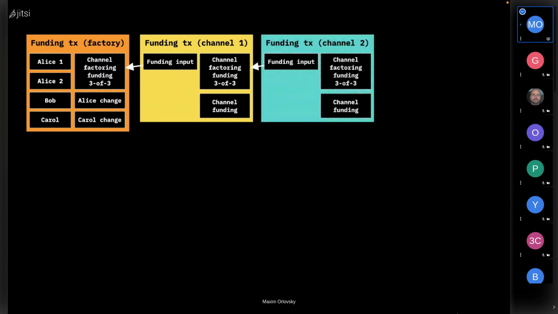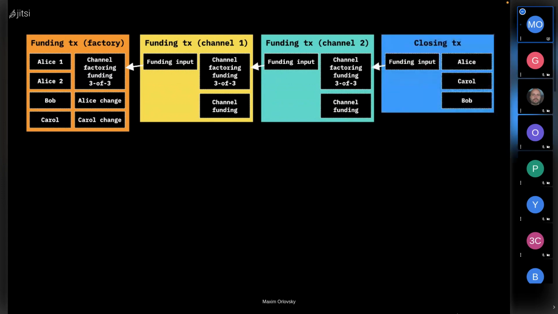These funds can be reused later by a second channel created from the same factory with pretty much the same structure. On top of that, there should always be a closing transaction, returning the remaining funds back to Alice, Carol, and Bob. All of these transactions in yellow, cyan, and blue are not published to the Bitcoin blockchain. They are part of the channel factory itself.